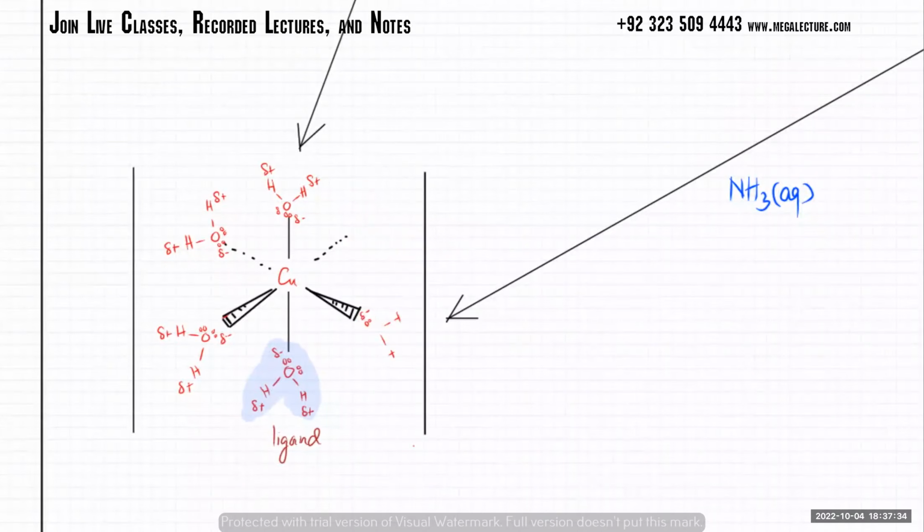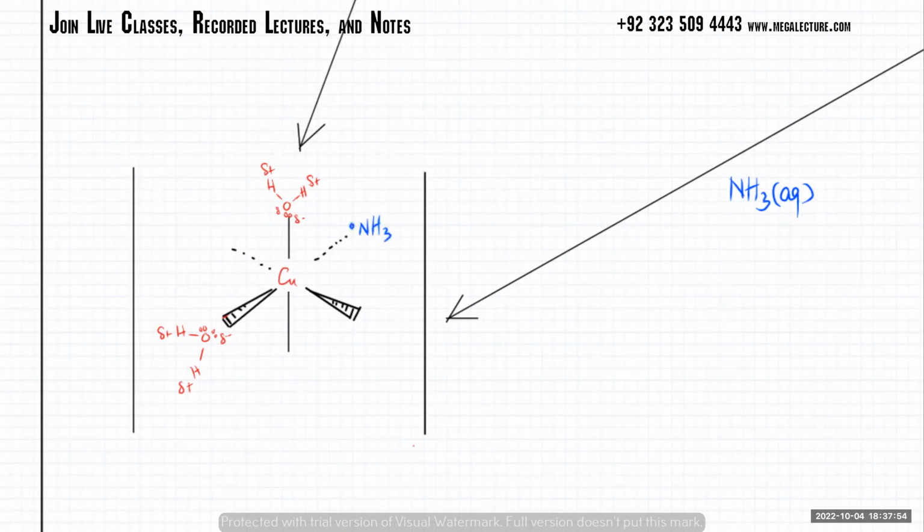Whether it's OH ions or water molecules, they're going to start getting knocked out by NH3 molecules, and they'll be replaced, randomly from all sides, by ammonia ligands taking their place.